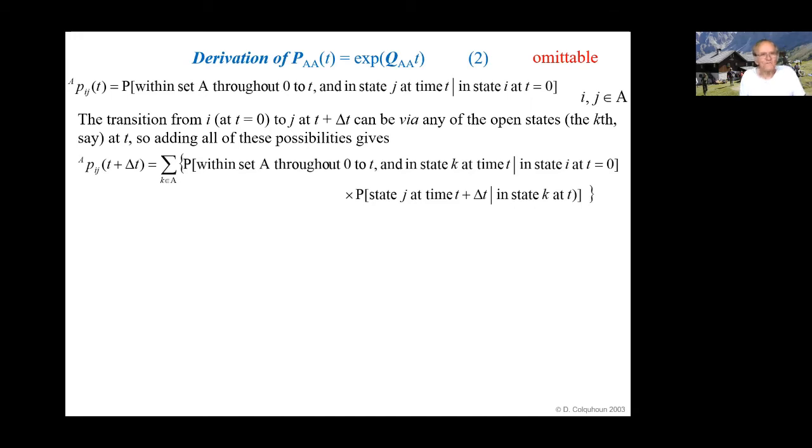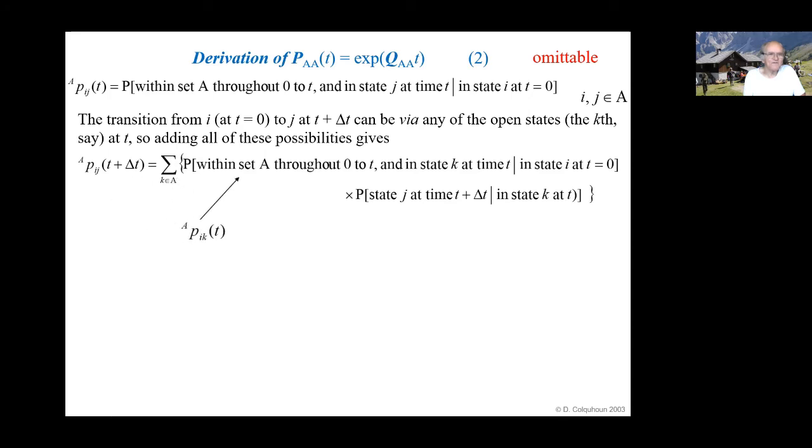So this is very often the procedure. So we add up over the k states, the intermediate states, and we get that term, and we multiply that by the probability that we were in state j at time t plus delta t.